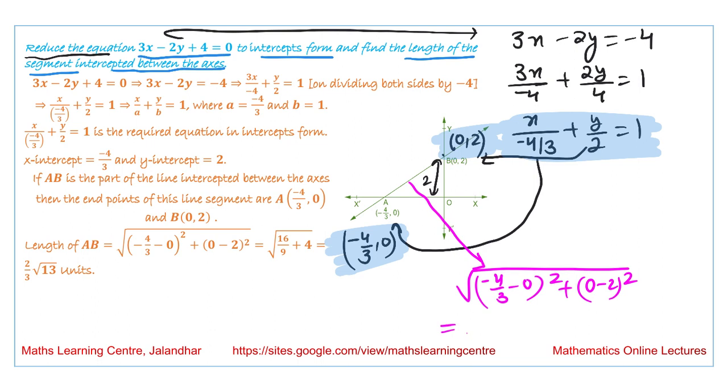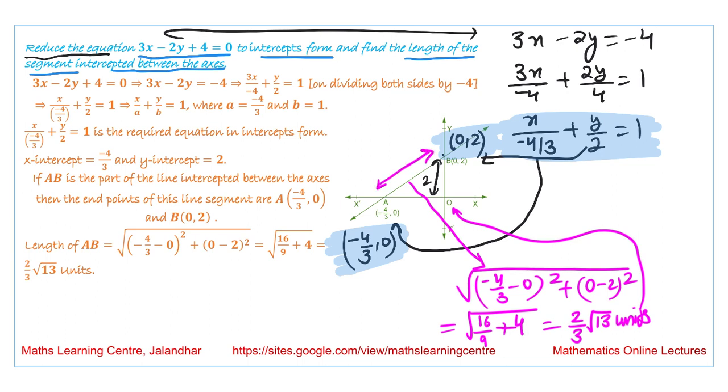So the answer we have is square root of 16 by 9 plus 4, that is equal to 2 by 3 root 13 units. So we are saying the length of this intercept that we have is 2 by 3 root 13 units. So these are the two things that we have to calculate. One is the intercept form, second is the length of the segment intercepted between the axes.